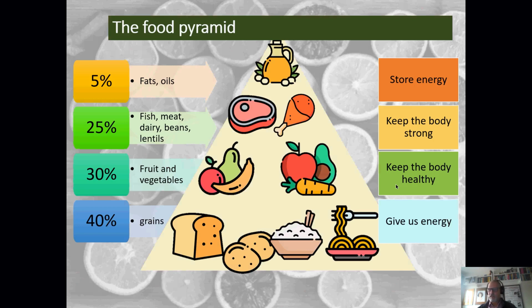But this illustrates what these things are actually doing. Fats and oils are there as energy stores. We need them for membranes. We need them for various activities within the body, but we don't need a lot of them.